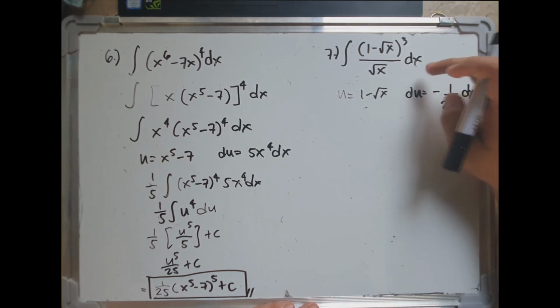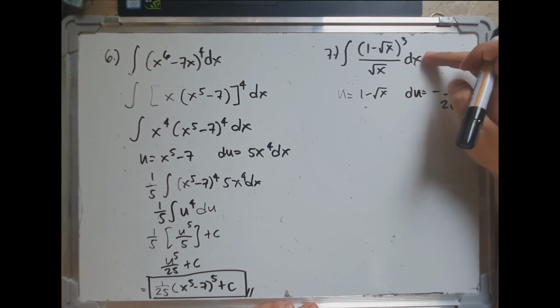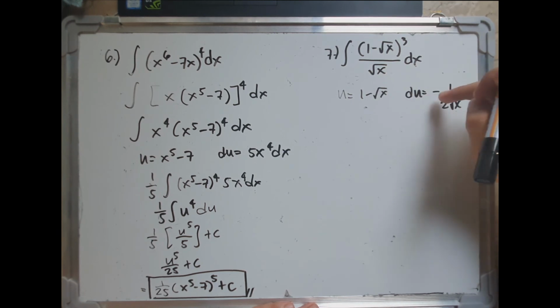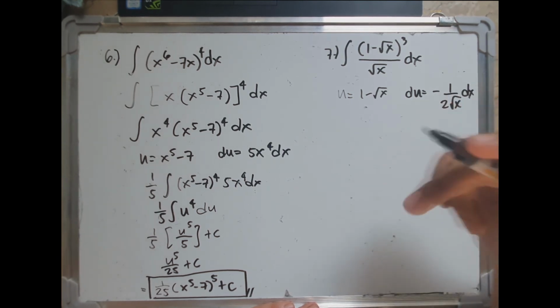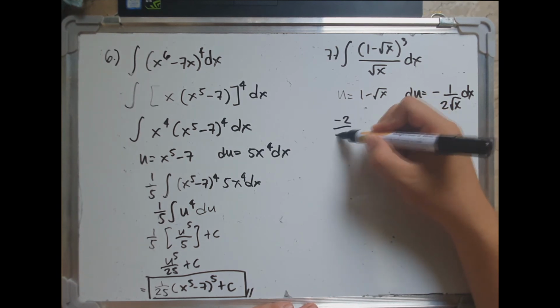Checking on our original integrand, we have the dx right here. We have the square root of x in the denominator. We need to have negative, and we also need to have 2 on the denominator. So we'll be multiplying this one with negative 2 over negative 2.